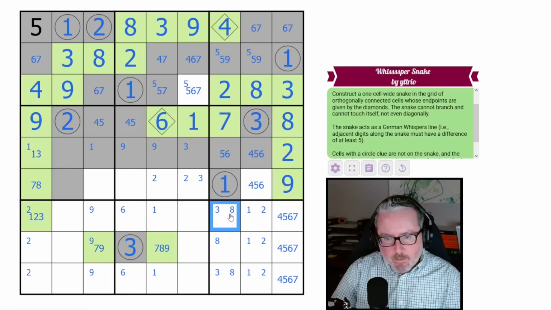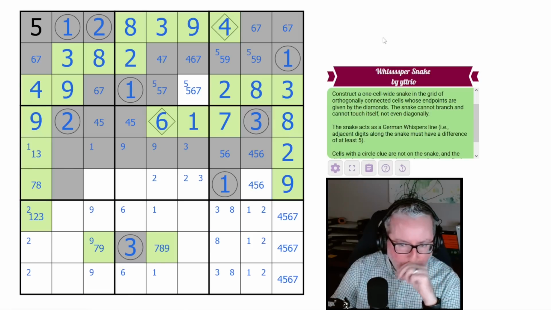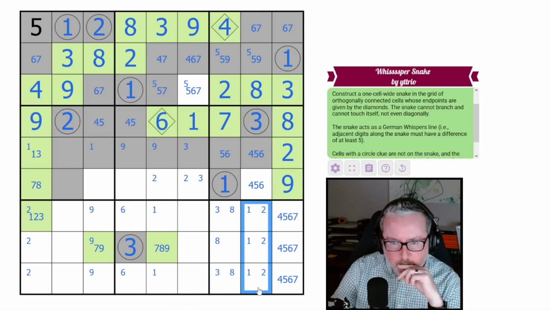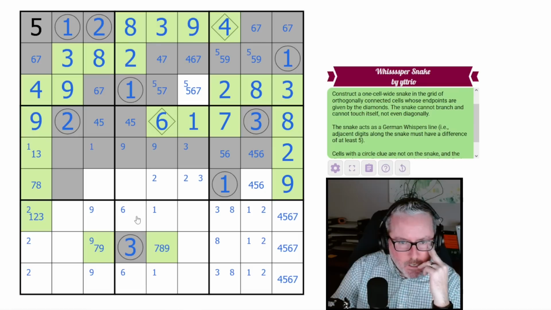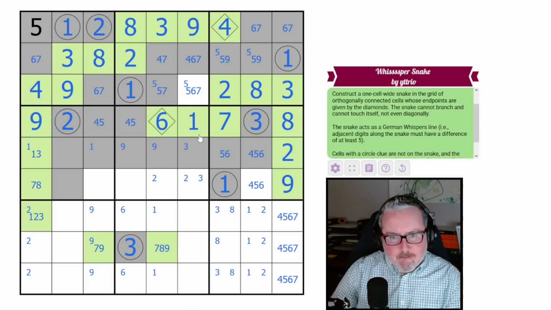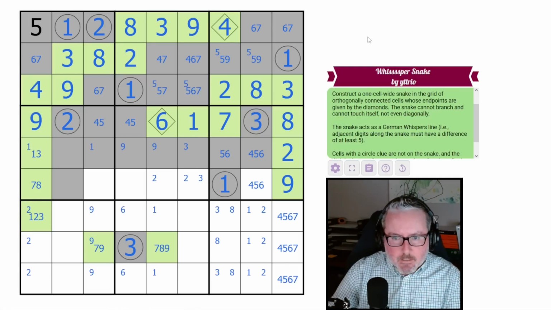But I don't see how we can necessarily differentiate where they currently can touch. 4, 5, 6, 7, 8, 9. The 1 and the 2 have to be down here. We know this isn't snake, but that's not helpful at all.